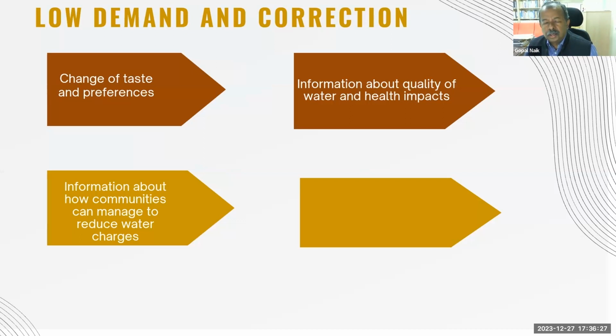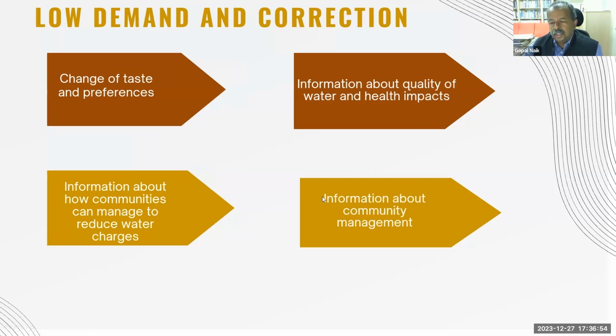Are there wastages of water in these places? To what extent can one reduce the non-revenue water, or there are pipe breakages and a lot of wastage of water. So how do we decrease it in order to make sure that the water charges will be low?